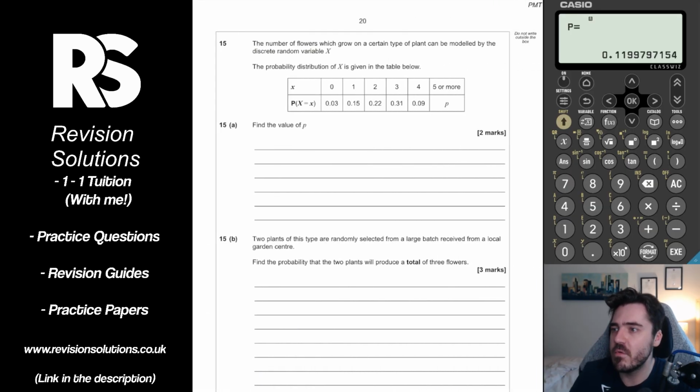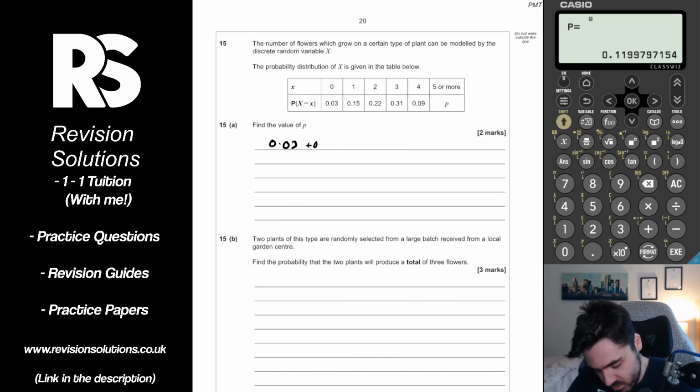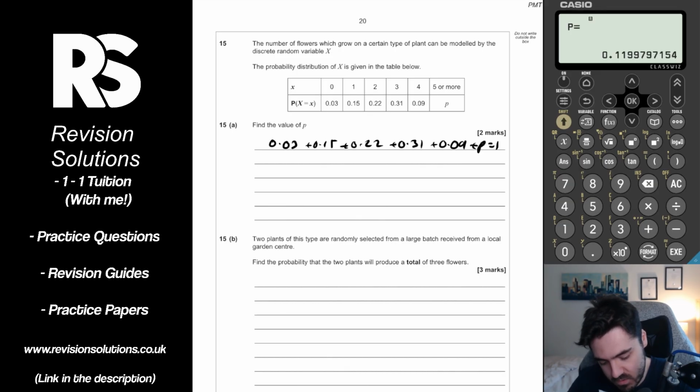It says the number of flowers which grow on a certain type of plant can be modeled by the discrete random variable x. The probability distribution is given in that table. Can we find the value of p? For any probability distribution, we know the sum of all options must come to 1. So 0.03 plus 0.15 plus 0.22 plus 0.31 plus 0.09 plus p equals 1.